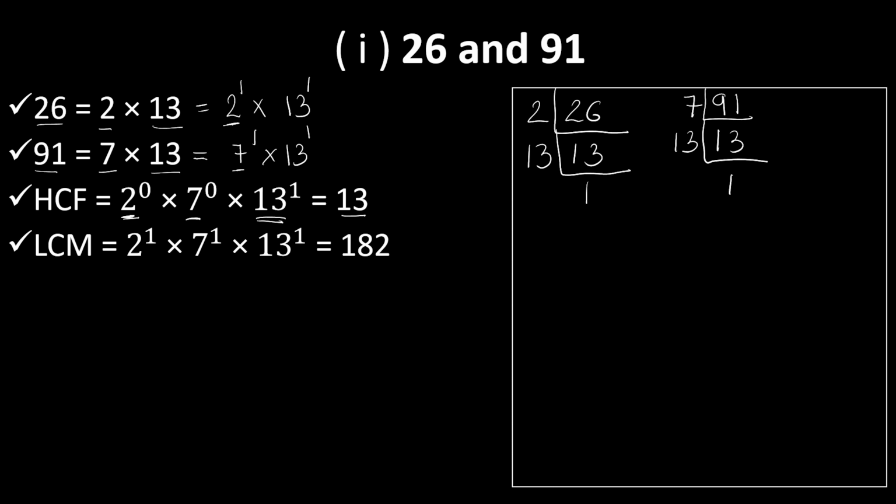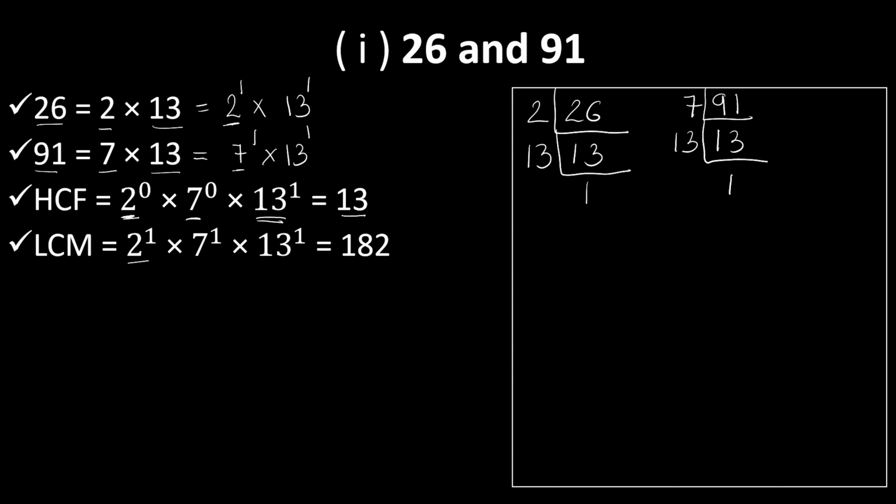Now let's find the lowest common multiple. For lowest common multiple, we will be writing the highest exponent possible. Observe, in 26 and 91, 2 is occurring once in 26, right? So the highest exponent possible for 2 would be 1. Similarly, in 91, 7 is occurring once.